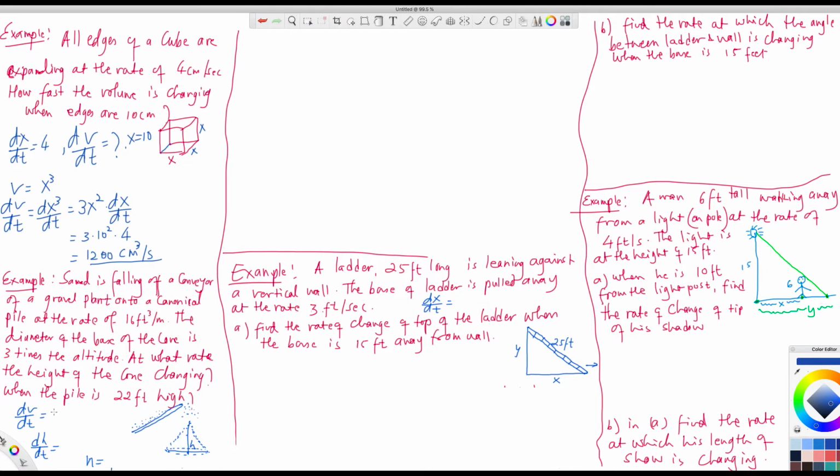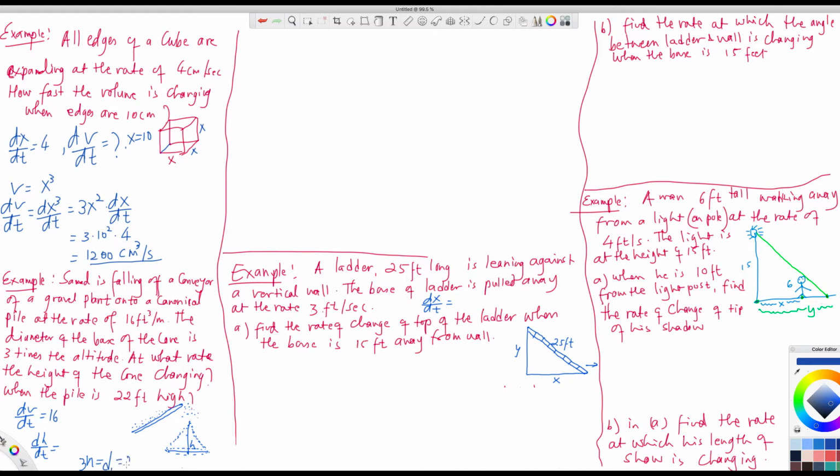So dV over dt is 16 feet cubed per minute, and the diameter of the base of the cone is 3 times the altitude.